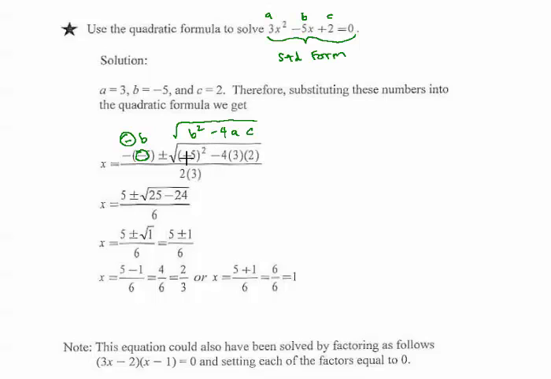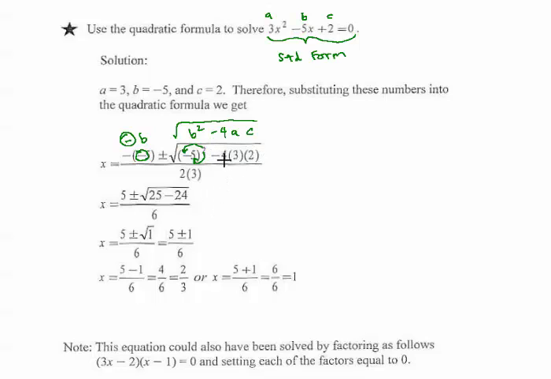You square both the negative and the 5. So this first part is always going to be positive, and then this second part inside the radical, minus 4ac, depends on what the signs of the a and c are. It could be positive or negative.